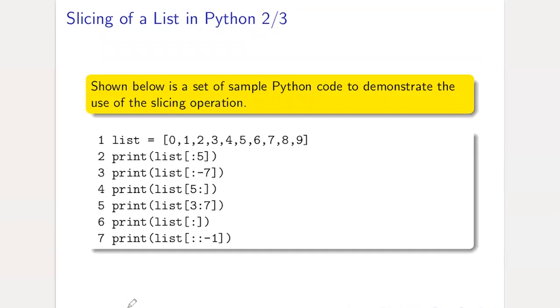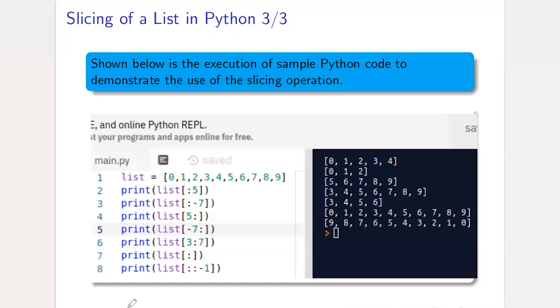I have a sample code for each of these operations, and when you execute it, this would be the outcome. If you have a list given in this manner, 0 to 9, you should look at how the sublists are given.